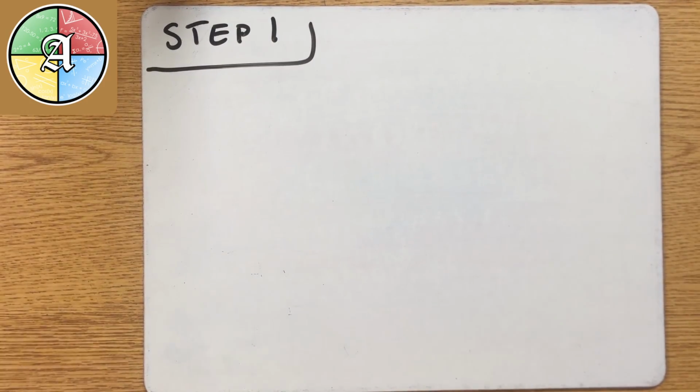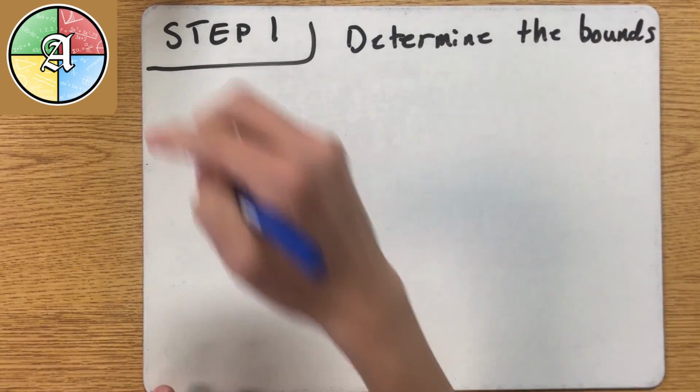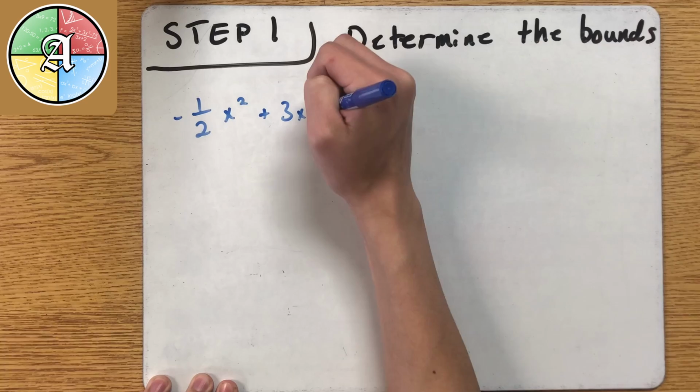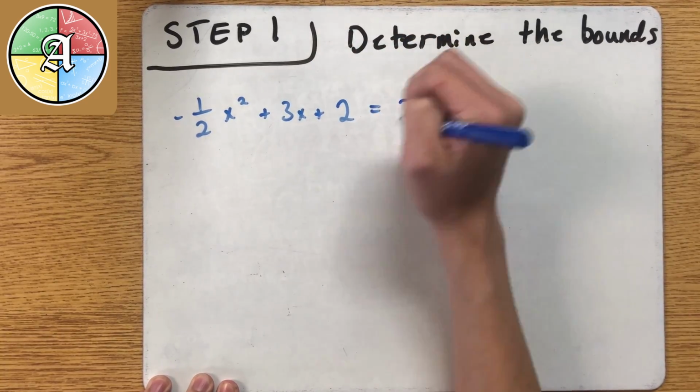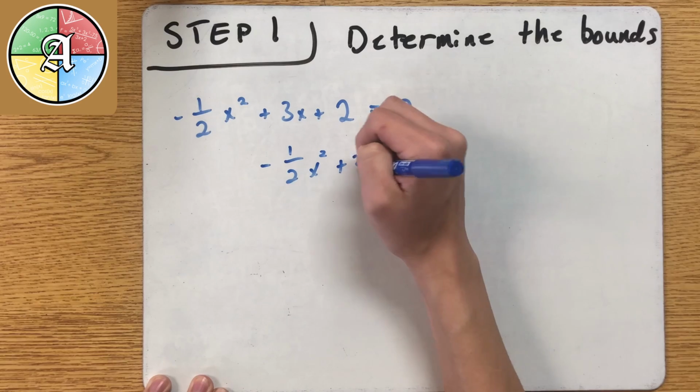To start off, the first thing we will need to do is determine the bounds. To do this, we're going to set our two equations equal to each other, giving us -1/2 x squared plus 3x plus 2 is equal to 2.